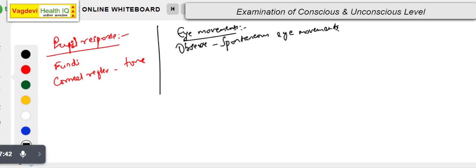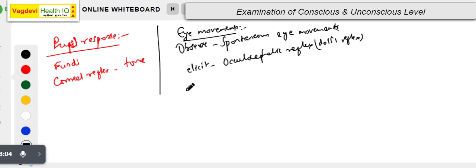And is there any kind of oculocephalic reflex, we say that. You have to elicit that. Oculocephalic reflex, very popularly called doll's reflex, sometimes asked by the examiner in viva.